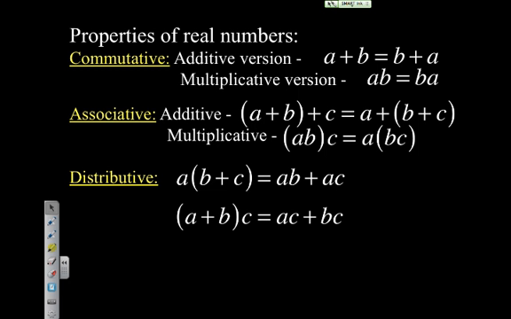We have the distributive property. We've learned about the distributive property many times, and the key thing with the distributive property is that the a distributes to the b, and the a also distributes to the c, giving us ab plus ac.